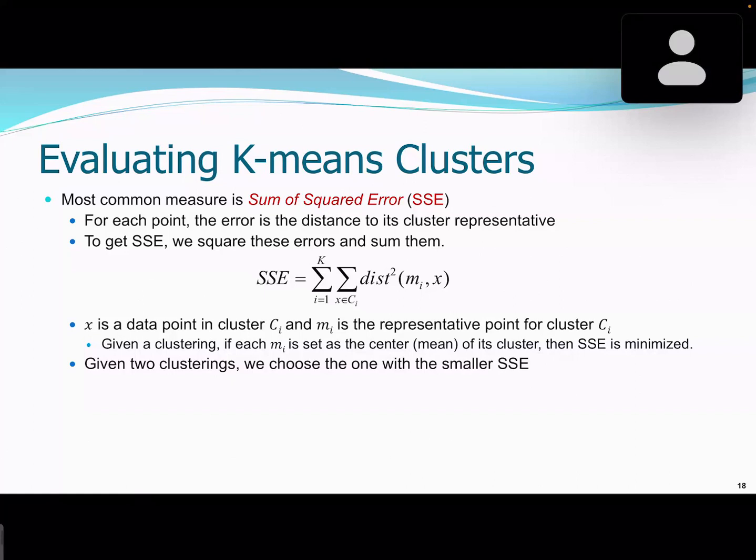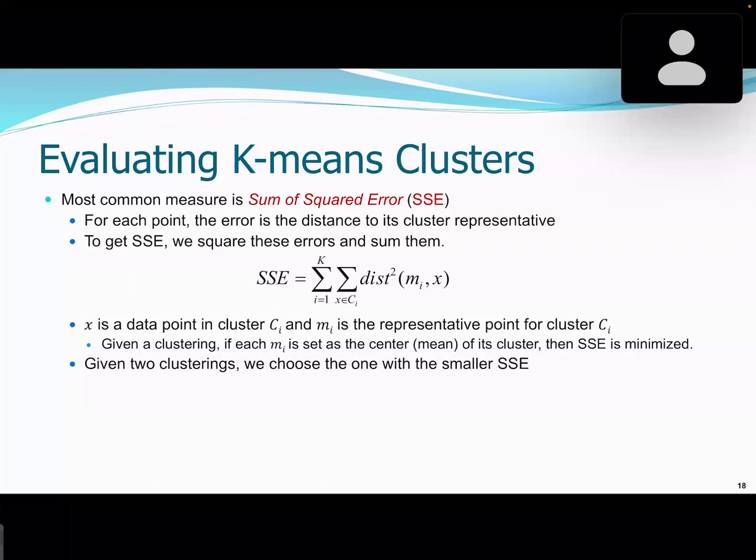So we run it multiple times, and then we pick the run that gives us good clustering quality. Now the next question is, how do we measure clustering quality? If we run k-means multiple times and choose the best one, how do we quantify the quality of a clustering result?